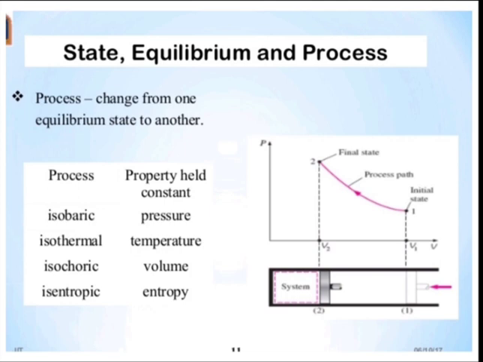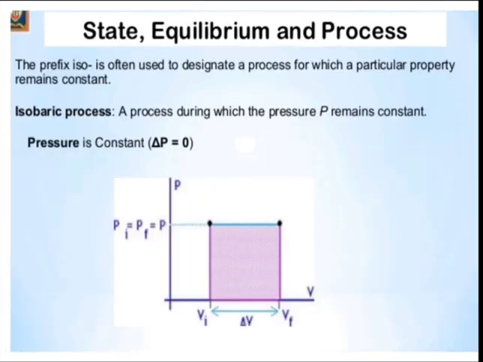Then the prefix in isobaric, isochoric, isoentropic, the iso, is often used to designate a process for which a particular property remains constant. An isobaric process is one in which the pressure is constant, that means delta P is equal to 0. See, this diagram shows volume changing from Vi to Vf, but pressure is constant.